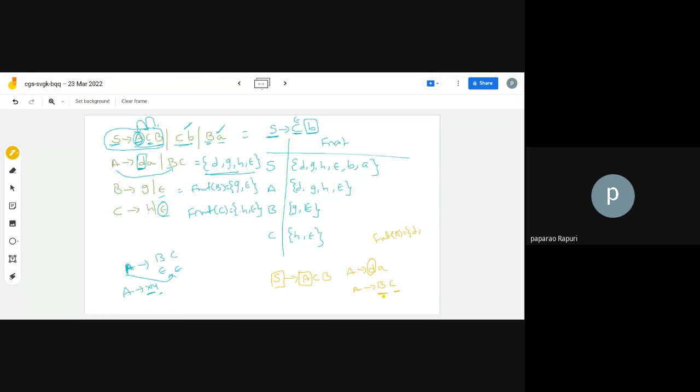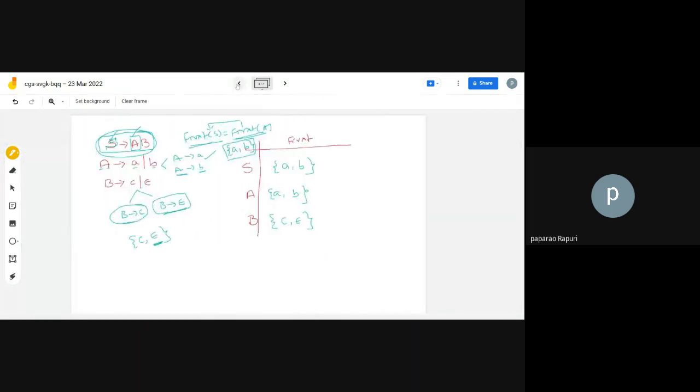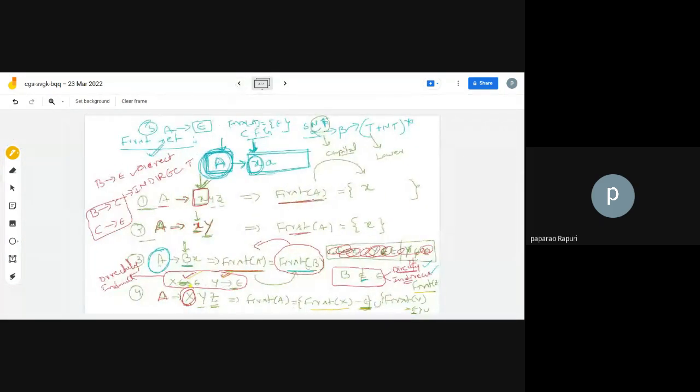Suppose if we take the last formula, or fourth formula, X is producing epsilon, Y is also producing epsilon. For that purpose, first of X minus epsilon and first of Y minus epsilon.